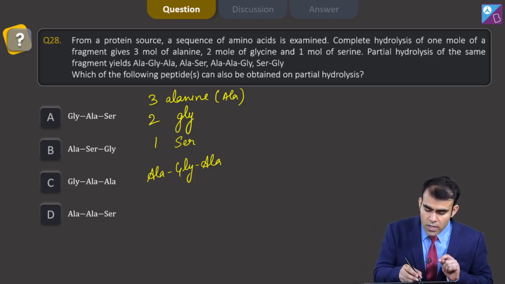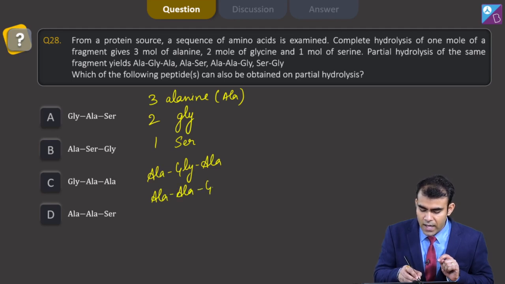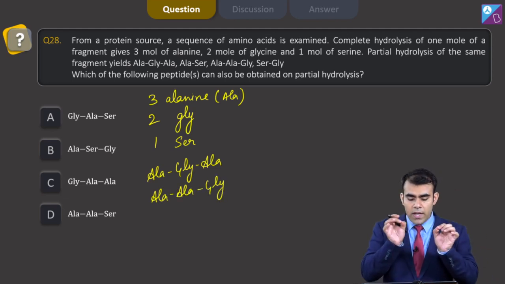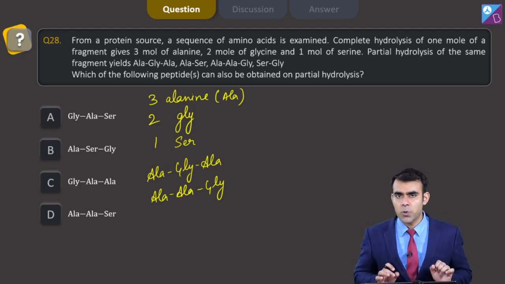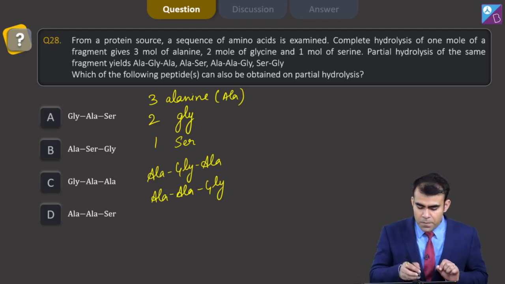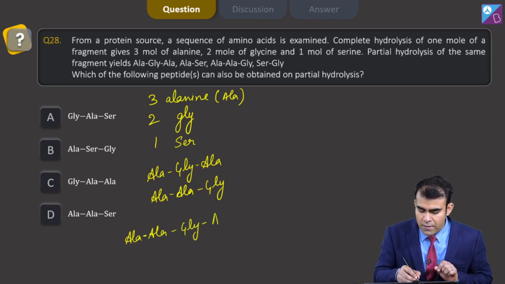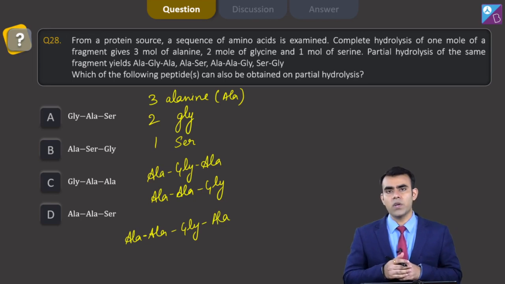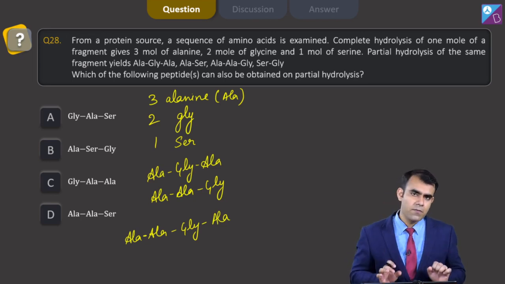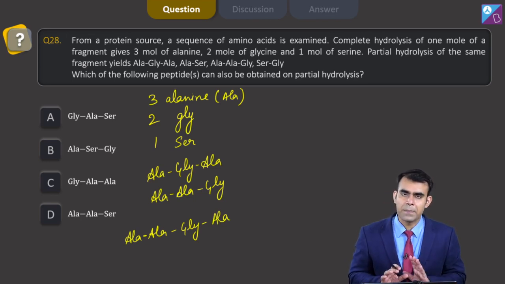And also if you see the third fragment, it has gly, gly. It means 2 glycine units are adjacent to each other. And from these two, I can derive that 2 alanines are nearby, between them there is a glycine unit, and then we have an alanine unit. So we have this 4 unit peptide.